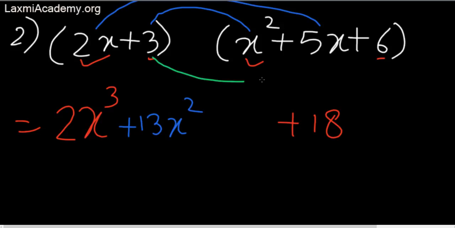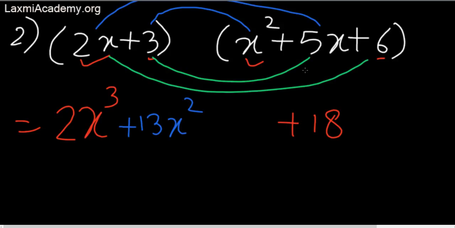You take this and multiply with the last two terms, and you draw a rainbow so it's not confusing. So 5x times 3 is 15x, and then 6 times 2x is 12x. So 15x plus 12x is 27x.